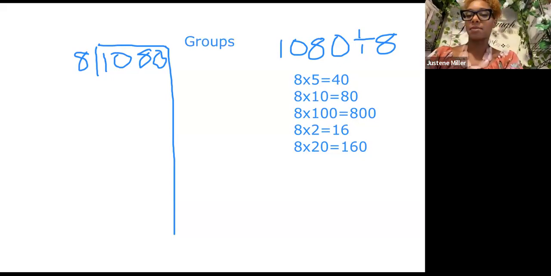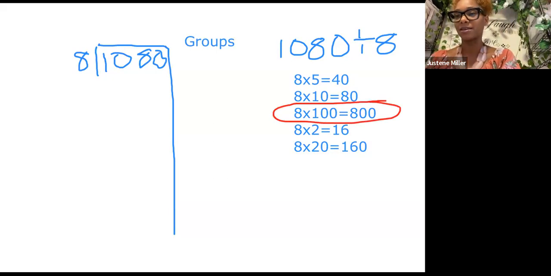So when I look at my list, I am using something close to 1,000. Look at your fact chart. What could we use? You got it. We can use 100 groups of 8. 100 groups of 8 is 800. And we're in the thousands, so that seems appropriate. So let's go ahead and put our groups, which was 100 groups of 8, on the right.